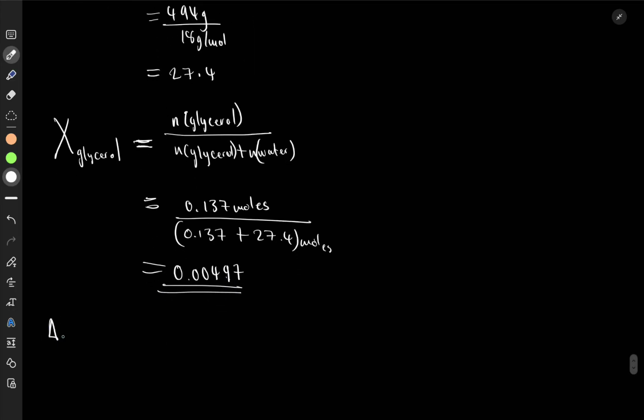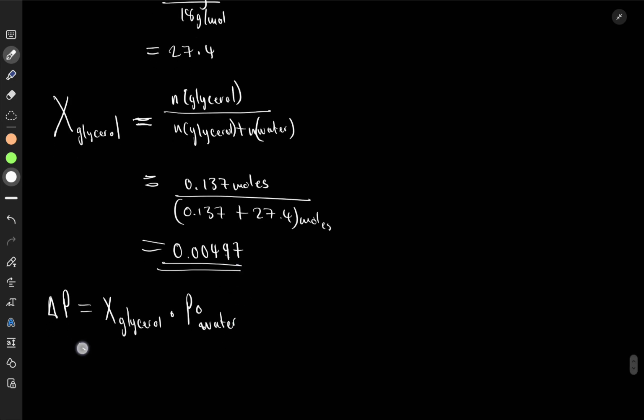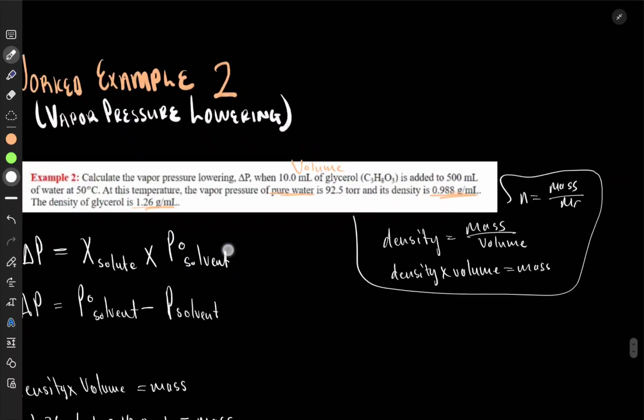Now we can say our vapor pressure lowering, delta P, is equal to X solid, which is glycerol, times the vapor pressure of the solvent itself, which is water, okay, of the initial vapor pressure of the solvent. Remember that it is the initial, that's why we put the 0, the water. So it's going to be 0.00497 times what is the initial vapor pressure of the water.